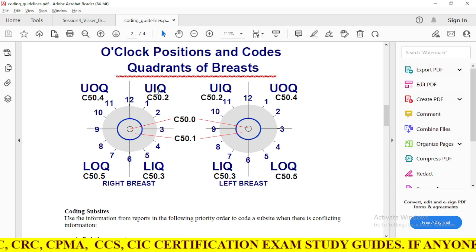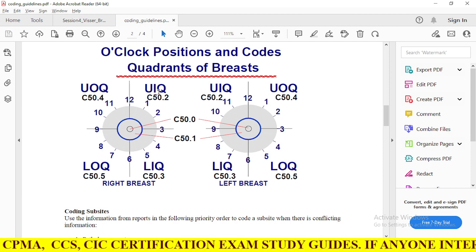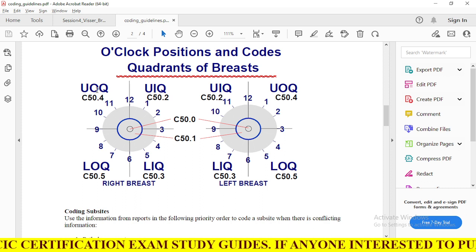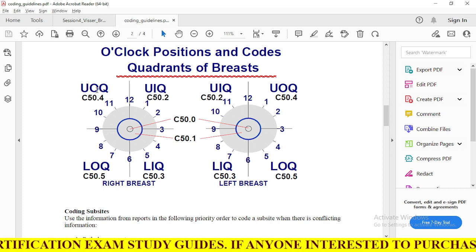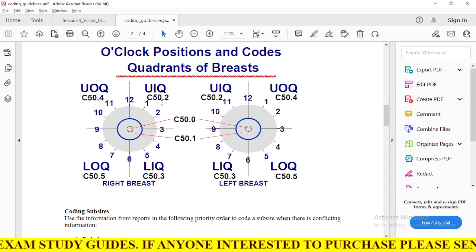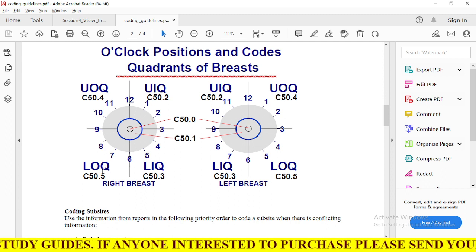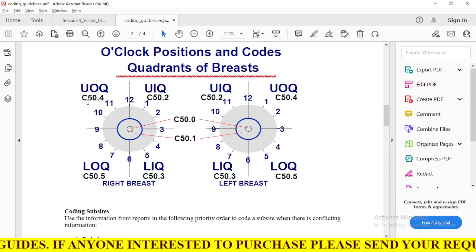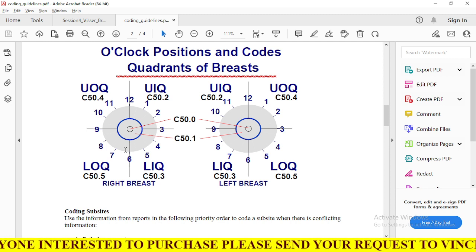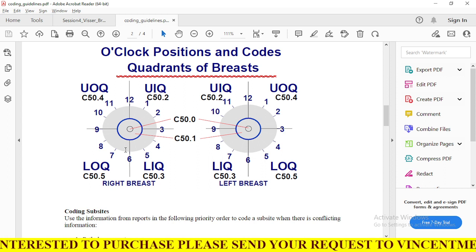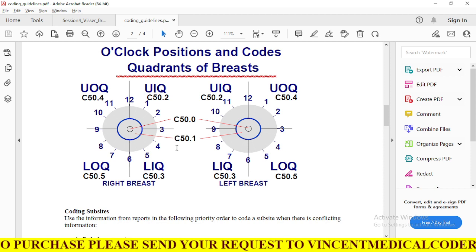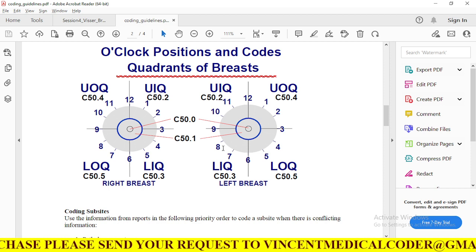All inner quadrants are on the medial side of the body, towards the midline, and outer quadrants are on the lateral side of the breast. So UIQ means upper inner quadrant, then lower inner quadrant, lower outer quadrant and upper outer quadrant. Whenever we code breast cancer using a pathology report, the physician usually mentions only these quadrants. So we need to understand these quadrants.